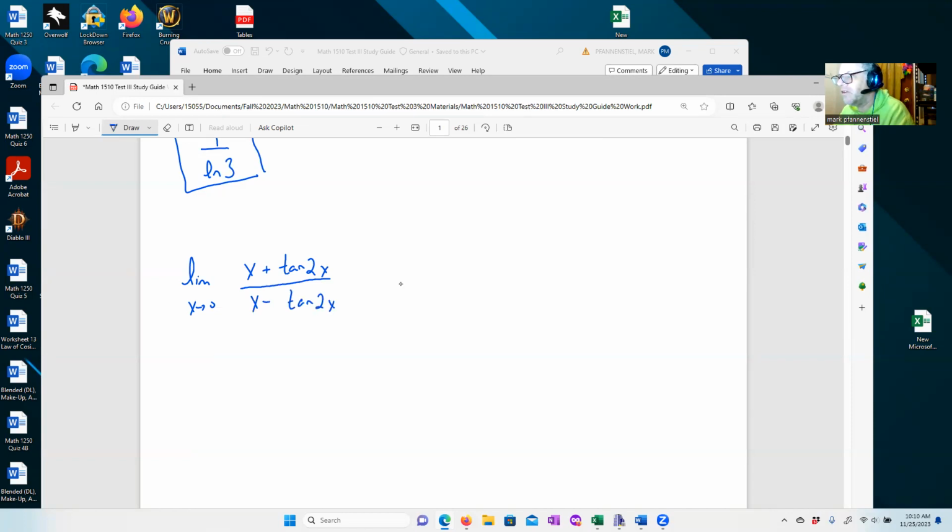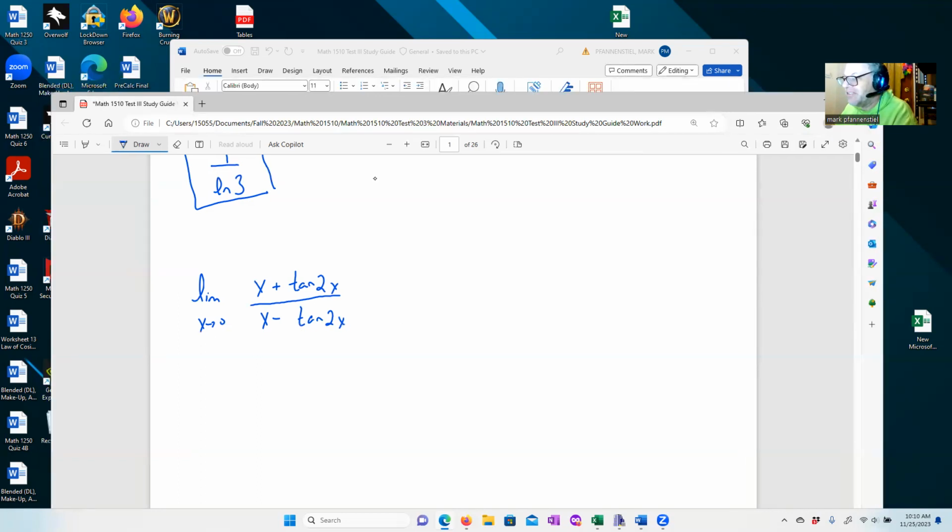I do wonder if there's some kind of clever thing we can do with the double angle formula for tangent, but we don't make people memorize that anymore, so I guess you don't have to do that. Let's plug that in. So we plug in 0, tangent of 0 is 0, so we get 0 plus 0 divided by 0 minus 0, which simplifies to 0 over 0, and that is indeterminate form.